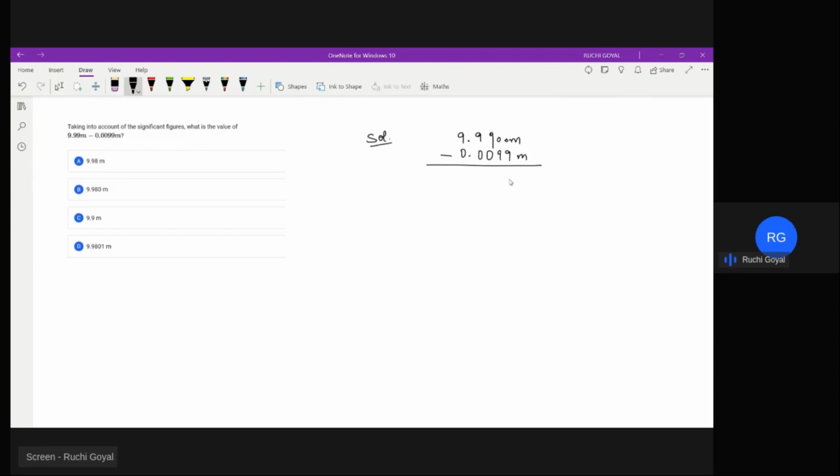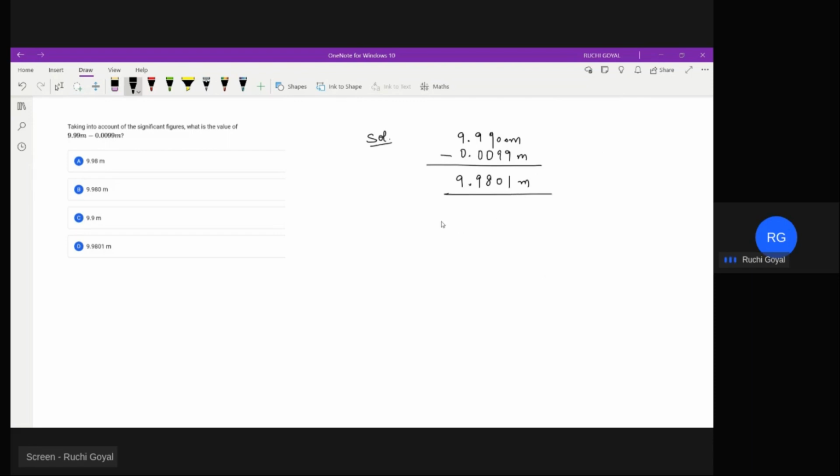For this we can substitute zeros: 10 minus 9 is 1, it will be 9 here, 9 minus 9 is 0, 8 will be left, 8 minus 0 is 8, 9 minus 0 is 9, and 9 minus 0 is 9.